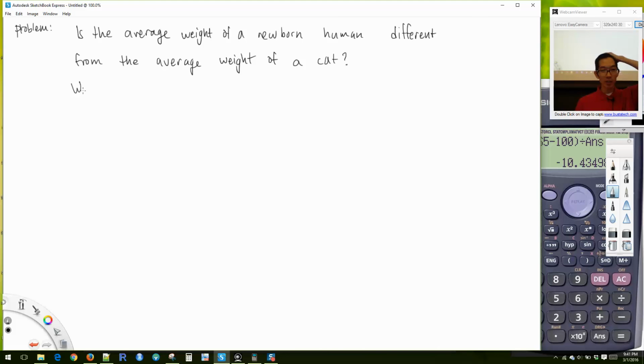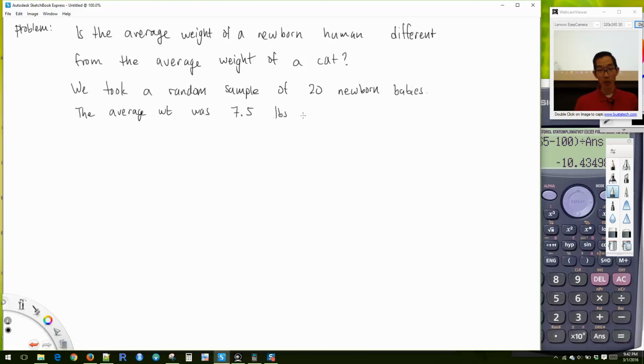Okay, so we took a random sample of, let's say, 20 newborn babies. The average weight was, we'll say, 7.5 pounds with a standard deviation of 0.5 pounds. Okay?